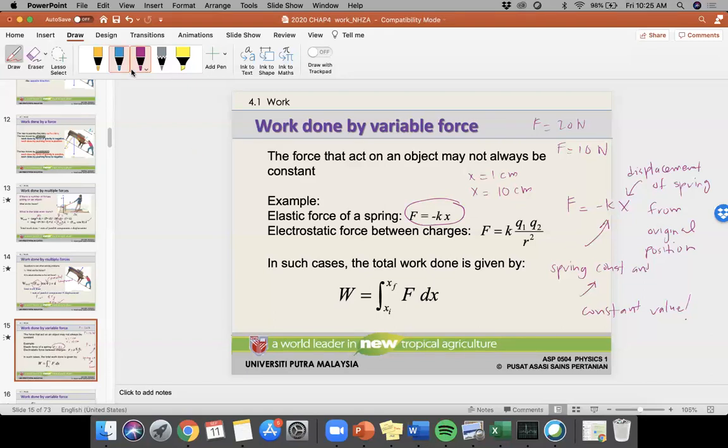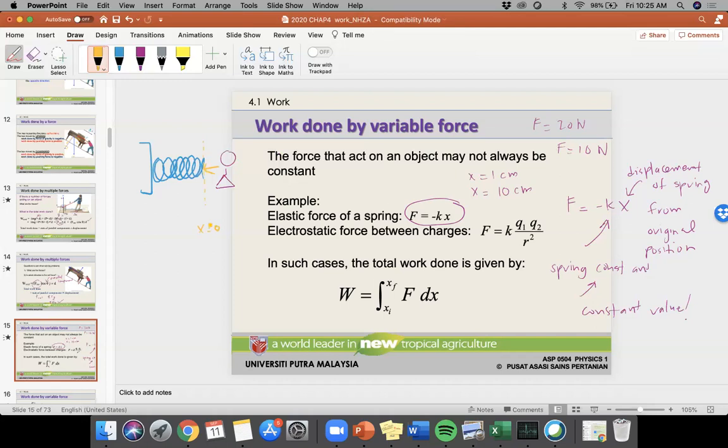Okay, an example. As usual, I am always the subject of an example. Sorry, the spring wasn't me. Why did I say that was me? Okay, this is me wearing a skirt today. Then I decide to push my spring. At first, my spring was here. So this is x equals 0, my initial position, no displacement at all.